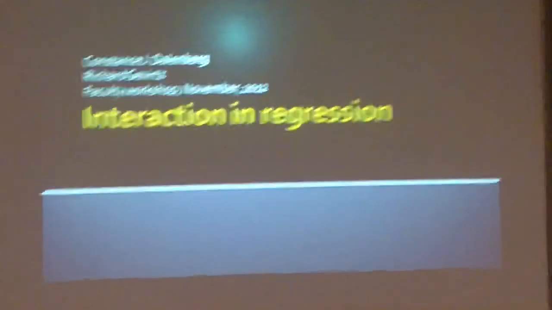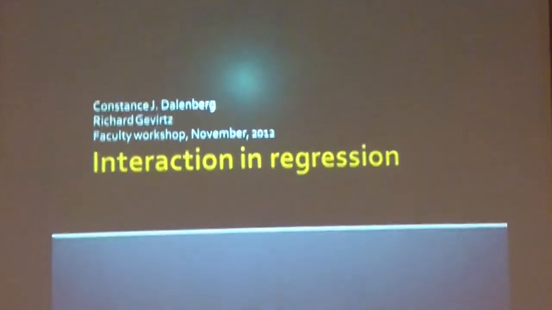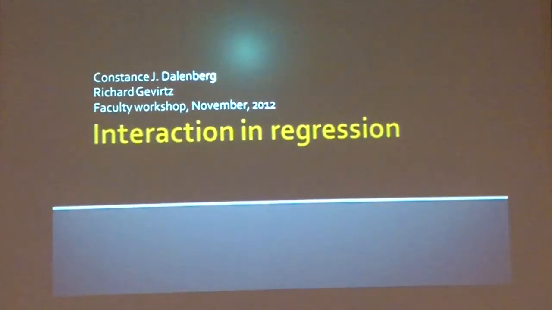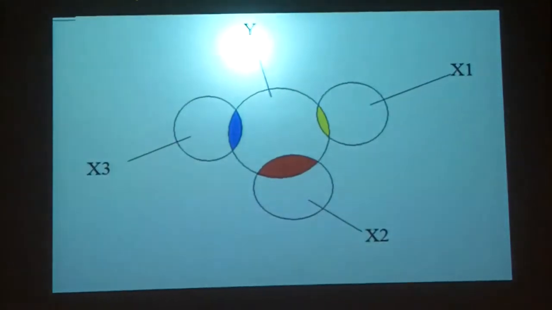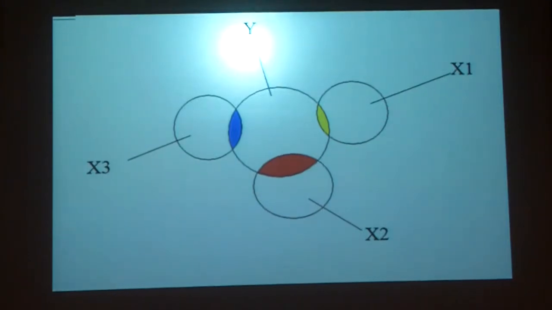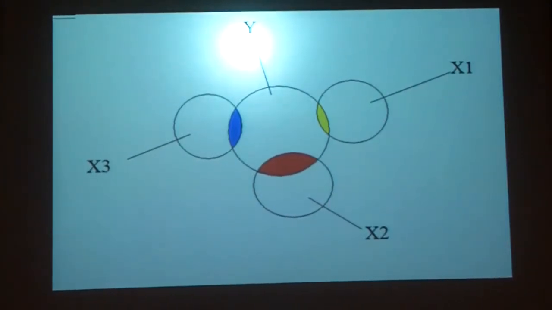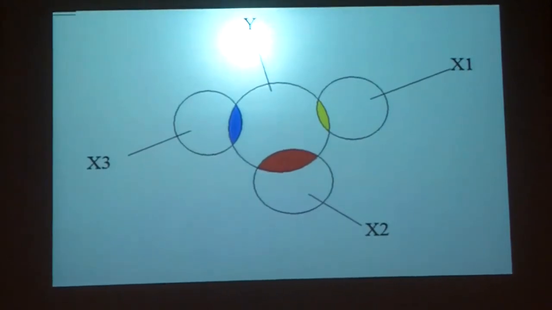Some of these are things that we just run into a lot that people just don't know. So really briefly, you're all aware of how multiple regression generally works. Here we have three predictors, x1, x2, and x3, that are independently predicting y. The colored areas there are all squared correlation coefficients.